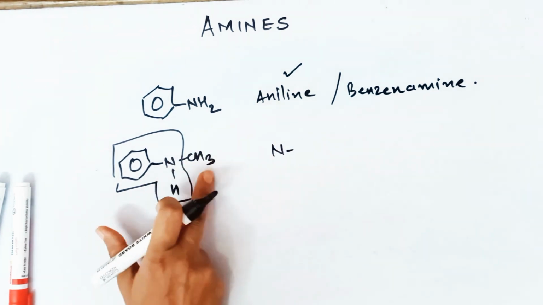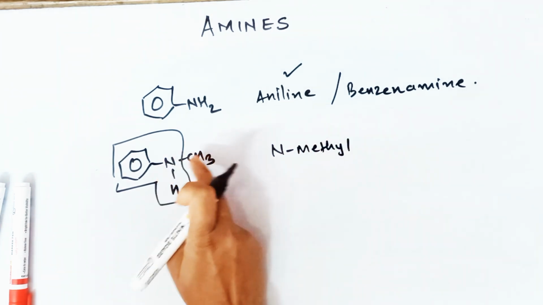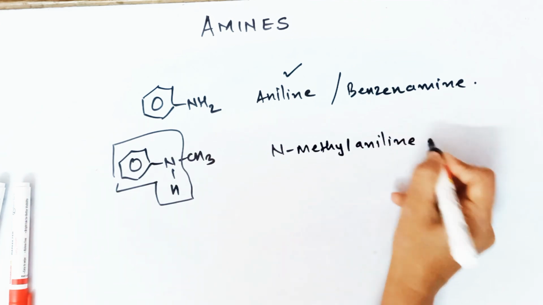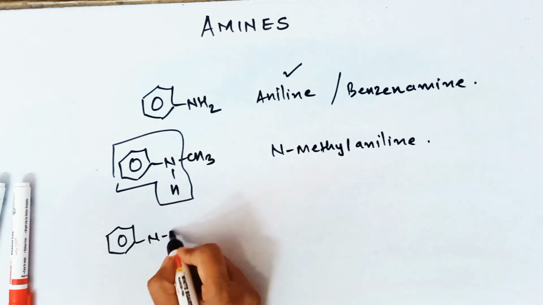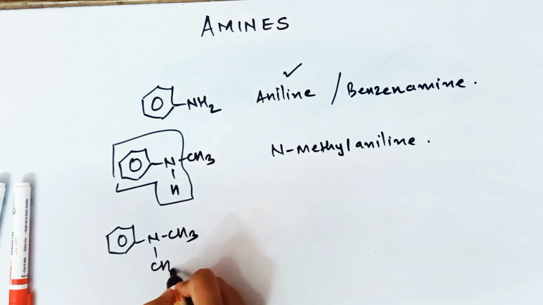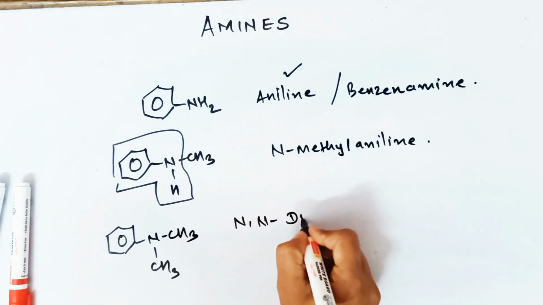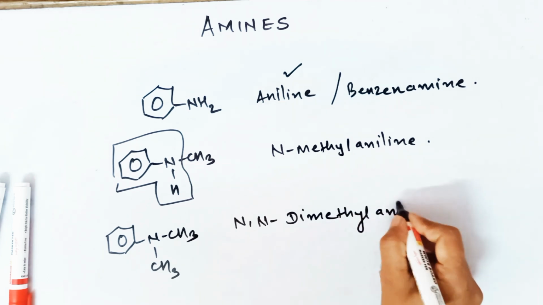So it's going to be N-methyl, parent aniline. Somebody can have CH3, CH3 2 times. So that's going to be N,N-dimethylaniline.